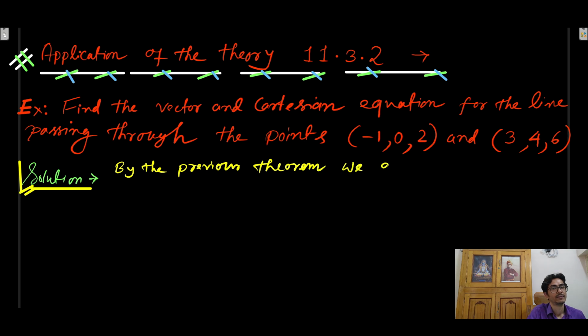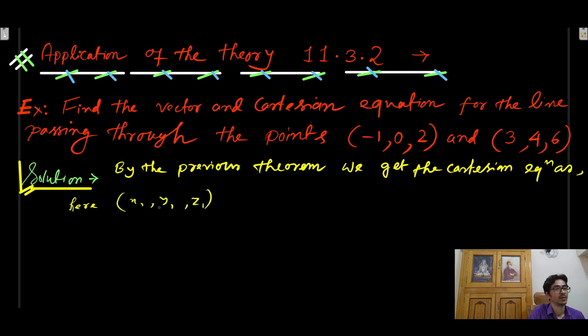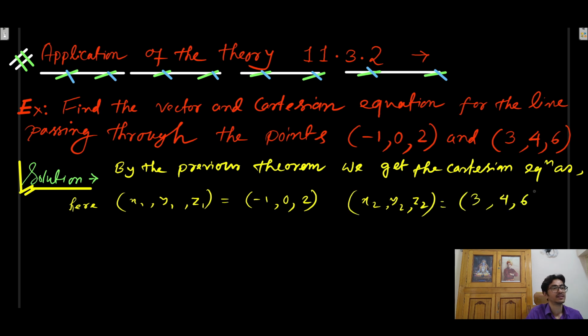We get the Cartesian equation as: x1, y1, z1 equal minus 1, 0, 2, and x2, y2, z2 equal 3, 4, 6.